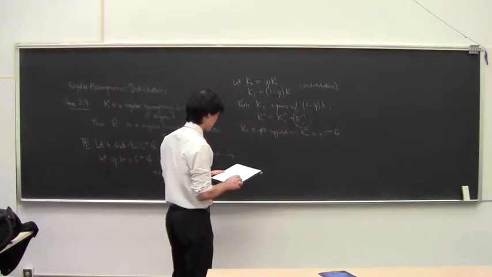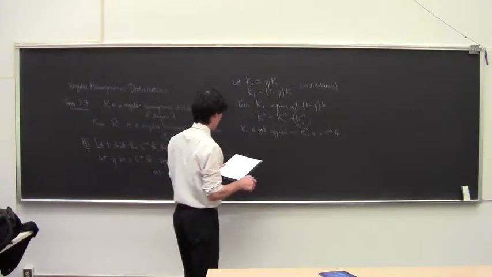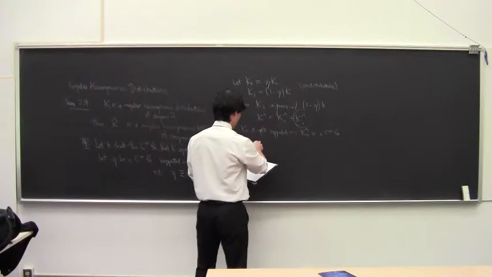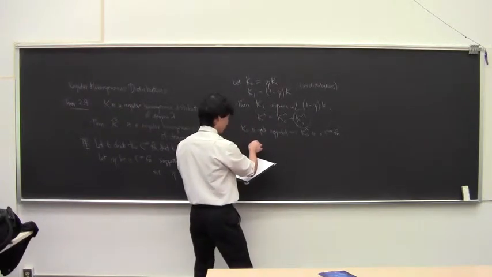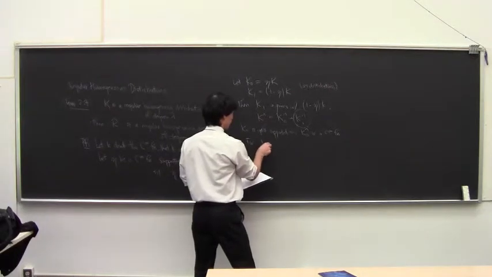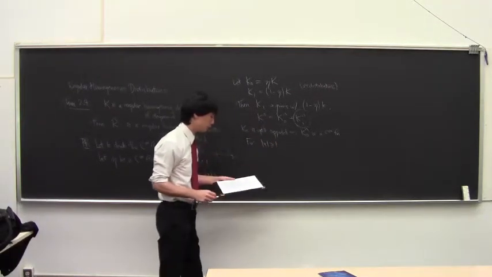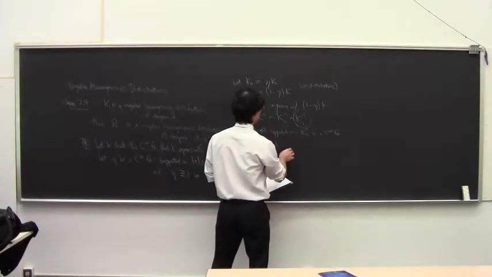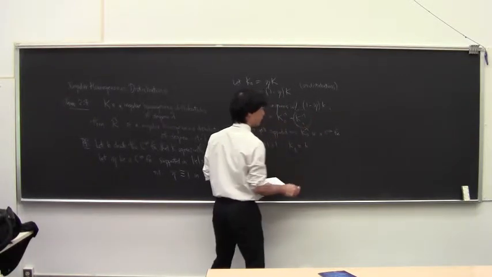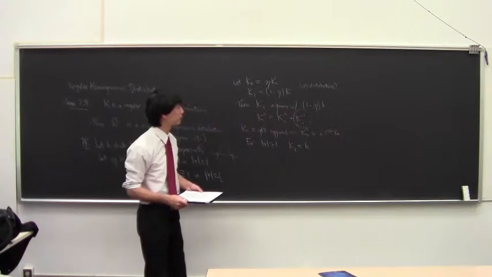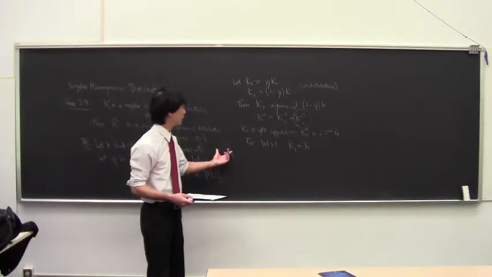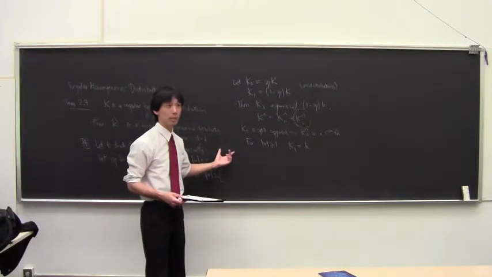Okay. So outside of the unit ball, we know that k1 agrees with little k. Outside of the unit ball, we've got 1 minus 0 times k.